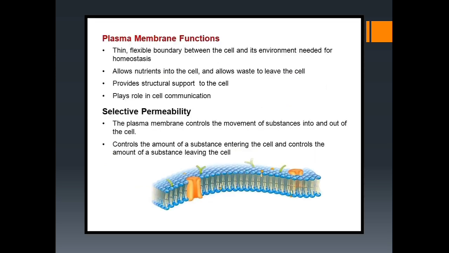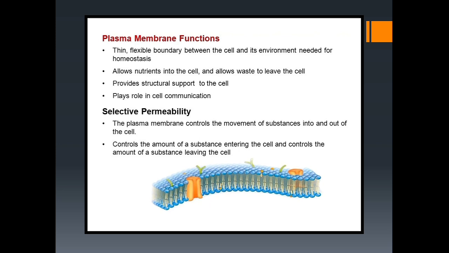Let's discuss the function of the plasma membrane. The structure is a thin and flexible boundary between the cell and its environment, needed for homeostasis. The word itself tells it: homeo means maintaining equilibrium. It is the state in which the cell maintains its equilibrium and its living nature, which helps in the better survivability of a cell.